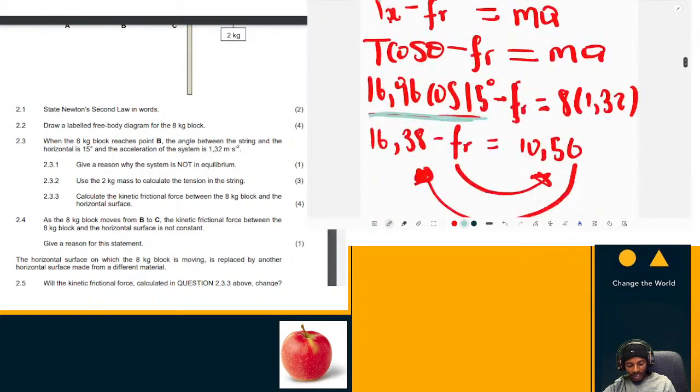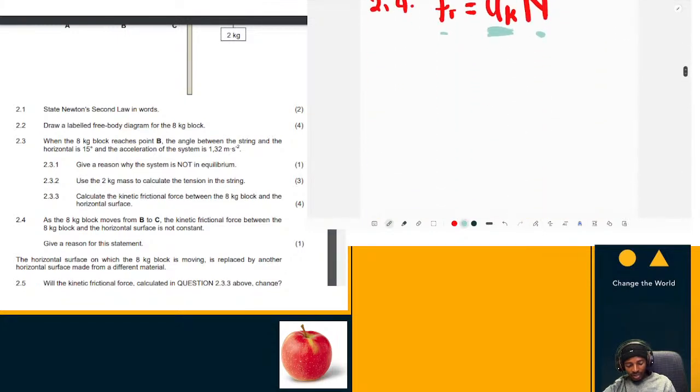To make things more simple, let me write down what I'm talking about. I'm just going to consider all the forces which are acting in the Y direction for the 8 kg block. We have normal force, we have weight, and then we have T of Y, the Y component of the tension.